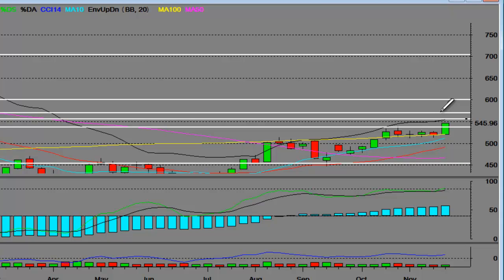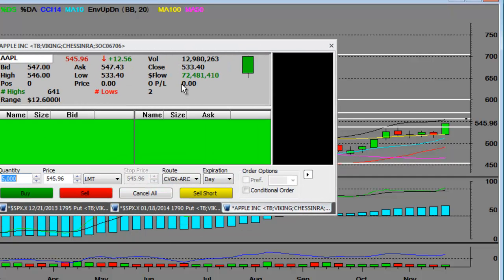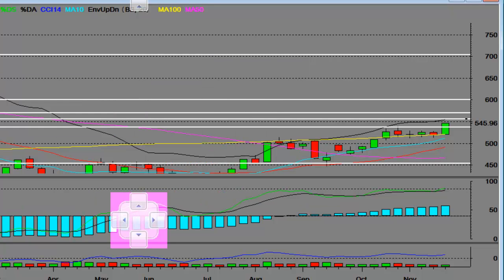People are going to sell other stocks that are overbought, and they're going to buy Apple. One of the things that we've been keeping track of is the money flow. So yesterday we had 12.9 million shares, positive money flow 72 million. And you can see that we went up $12.56.